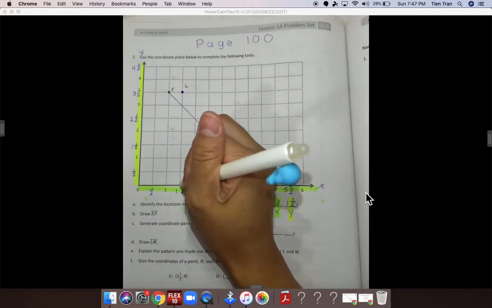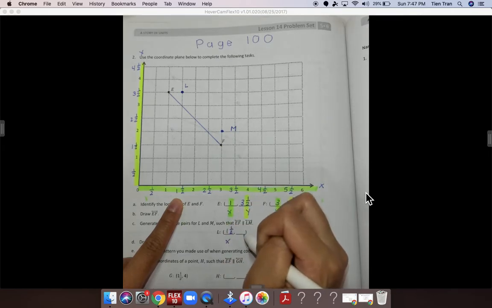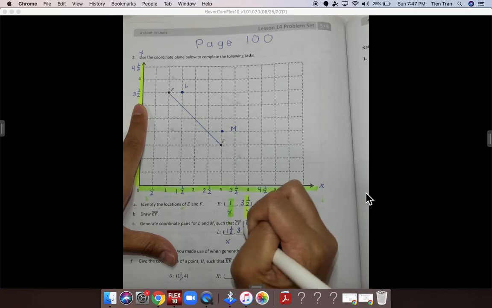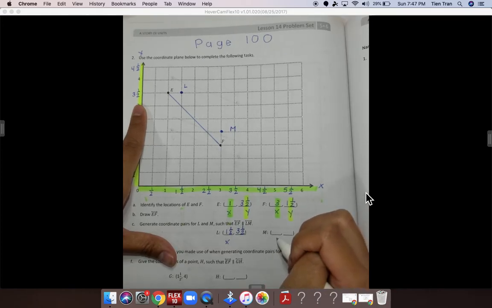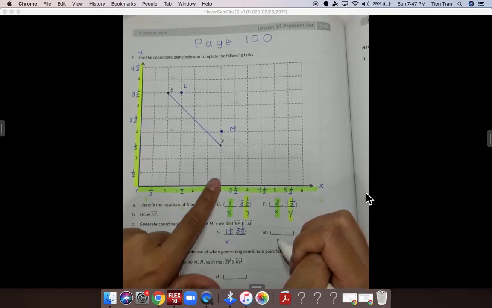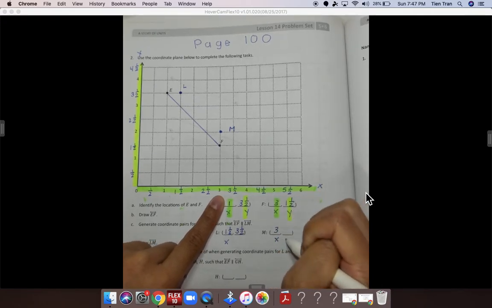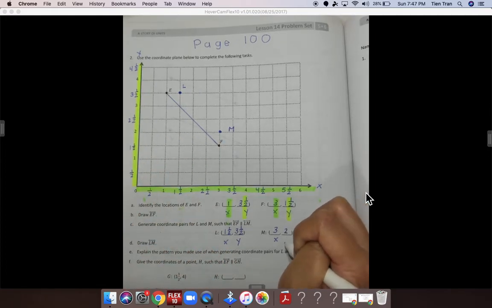So for L, we have 1 1/2 as our x-coordinate, and we move up all the way to 3 1/2. And then for M, I am going to move 3 times on my x-coordinate, and I'm moving up to 2 for my y-coordinate.